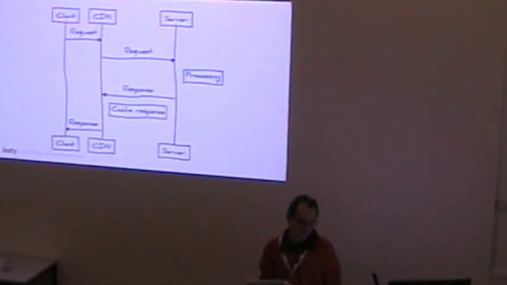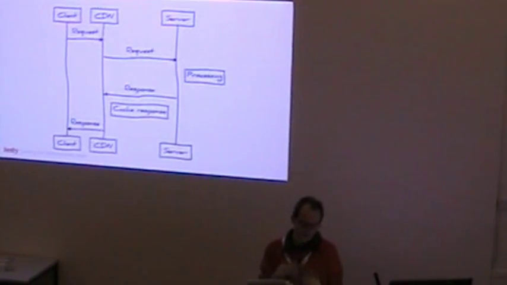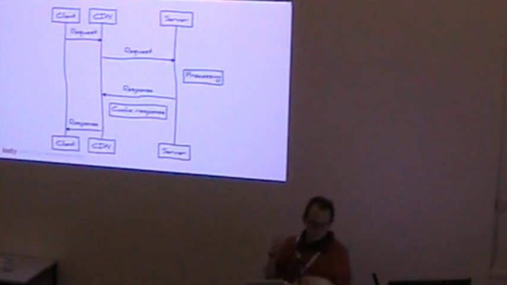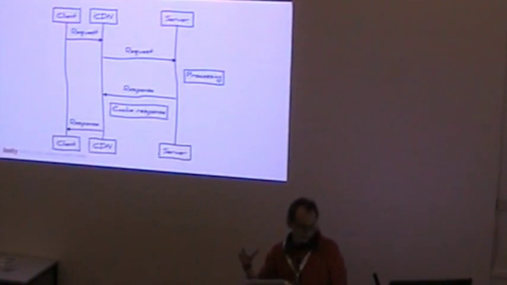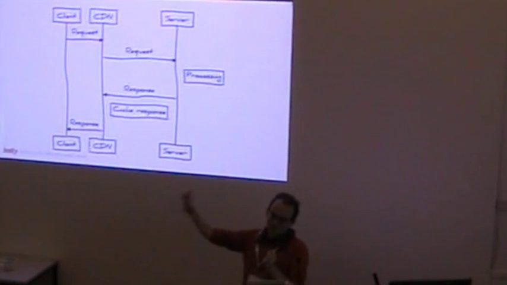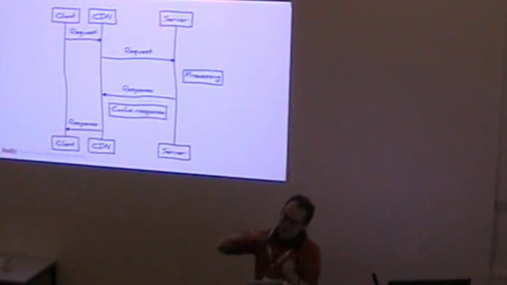The way a CDN works is kind of in between the user and the servers. So if something isn't cacheable or isn't cached yet, the client asks the CDN, here's a request. And the CDN goes, oh, I don't have this yet. Why don't I ask the server? And the server goes, oh yeah, I know about this, and gives it back to the CDN.